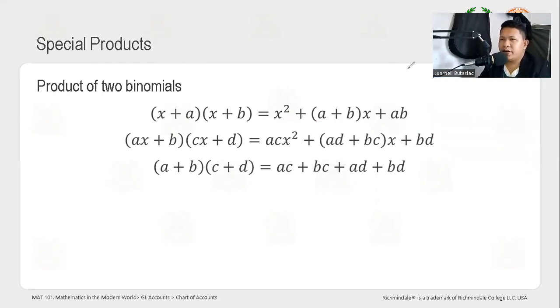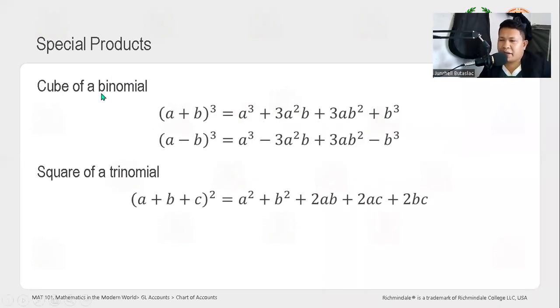Next is the cube of a binomial. a plus b cube is equal to a cube plus 3a squared b plus 3ab squared plus b cube. So how to solve this?